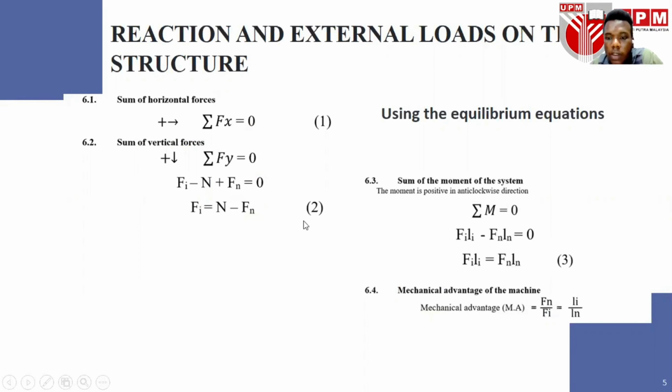The mechanical advantage of the crowbar can be written as Fn over Fi. That is the normal force, which is equal to the force output divided by the force input. And rearranging this from the third equation, we can get that length of input divided by the length of normal, that is length of the output, is equal to the mechanical advantage. Thank you.